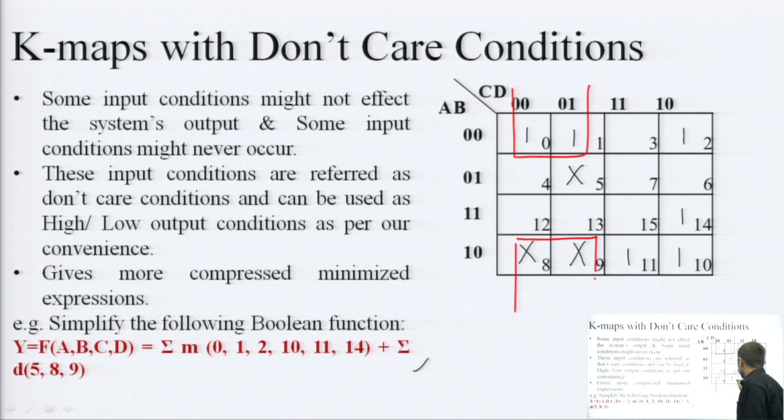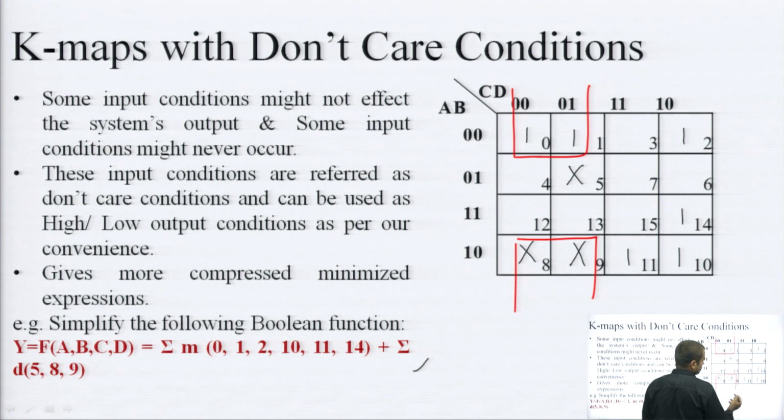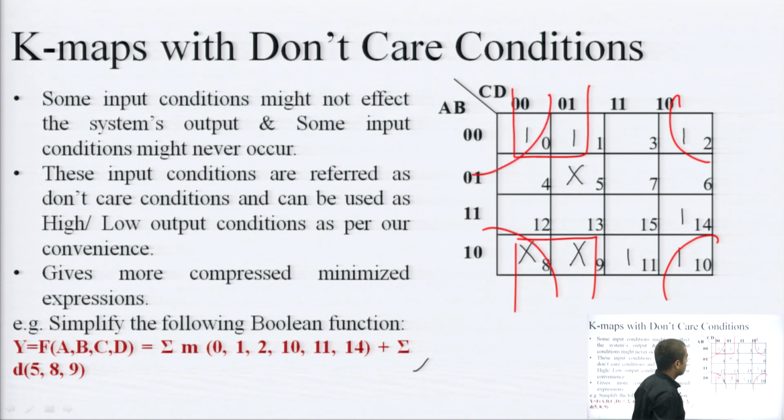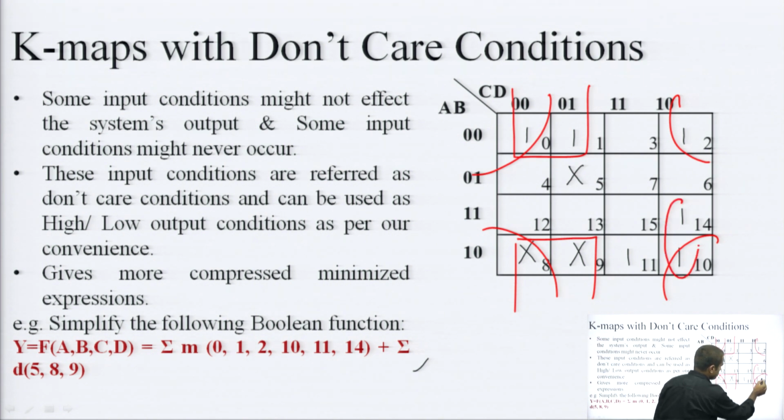So, if I want to solve this K map, then I can check that these two crosses can be treated as 1 to make a quad. Similarly, I can see that again this can be another quad. Okay. Now, this one is left, this has no possibility other than a pair has to be formed and this thing can be converted into a quad. Okay.